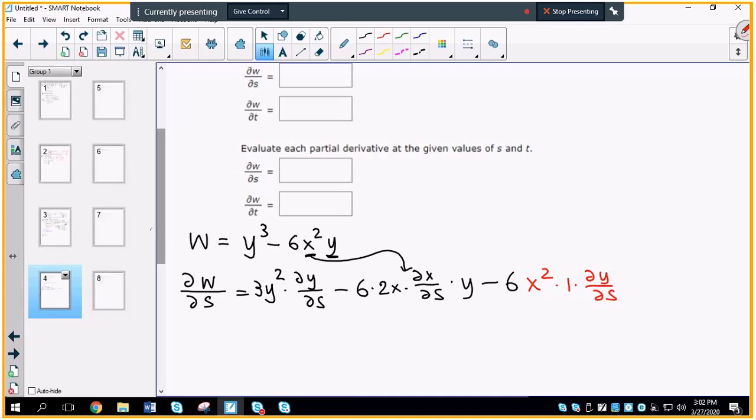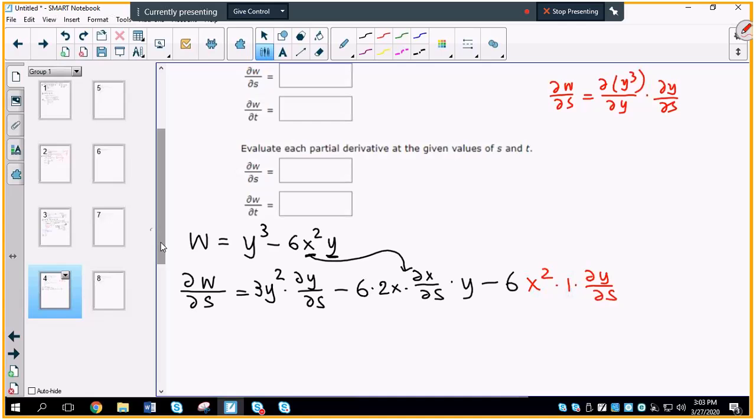So the basic idea is pretty much similar to what we have been doing. What is the only change now? We are saying when I'm finding del w del s, I'm finding del of the y cubed function with respect to y, and multiplying it by del y del s. Then I'm doing the same thing.